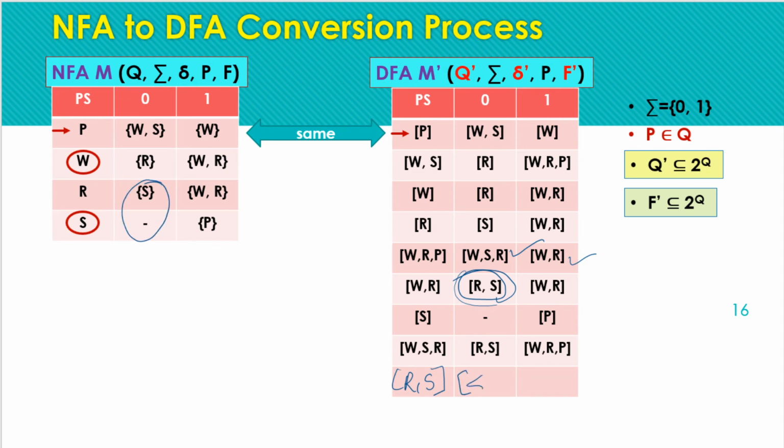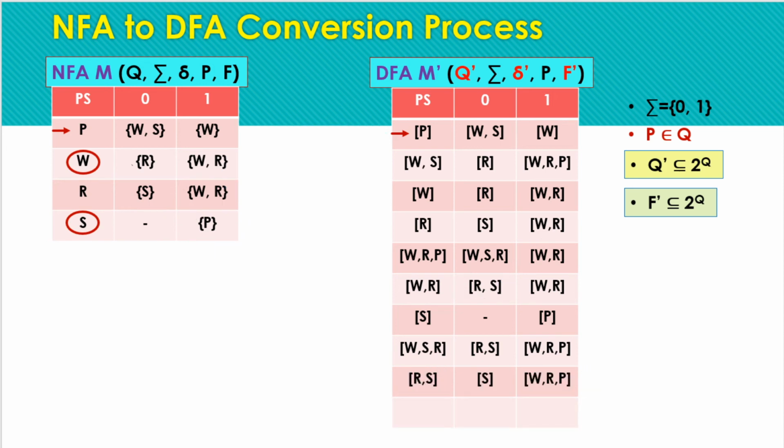So we are getting the set S, and here we are getting WRP. WRP as a transition is going to this from R and to P from this. So we have to perform union of these two sets, and the resulting state is WRP. So this is the transition table.